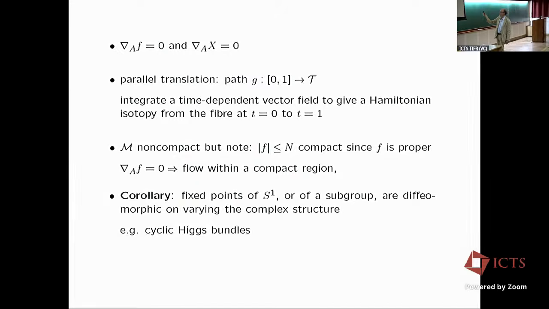If you have a subgroup, for example cyclic subgroups, and we look at the moduli spaces which are invariant under a finite subgroup of S1, then they're all diffeomorphic. That is not so obvious from first principles. Sometimes, if we look at, say, minus 1 in the circle, then we're looking at real forms, and that's rather different because we have an interpretation in the character variety.